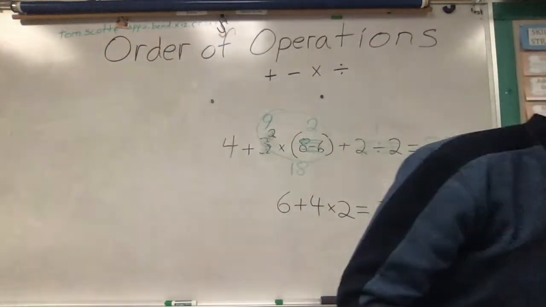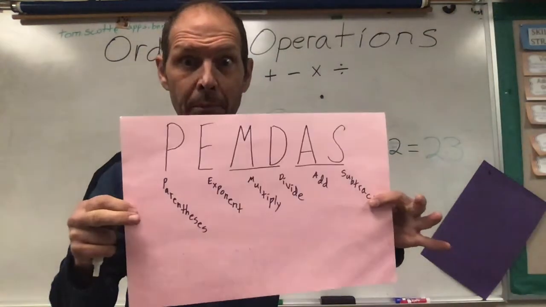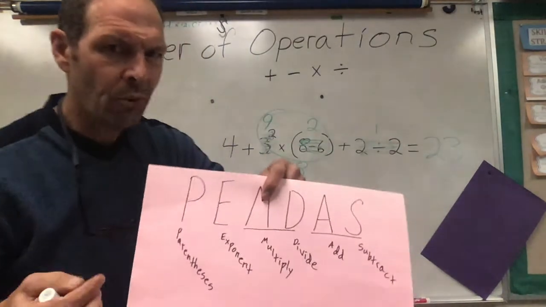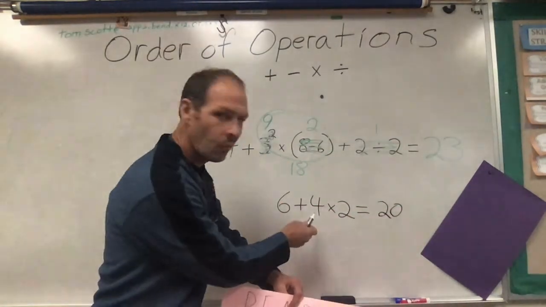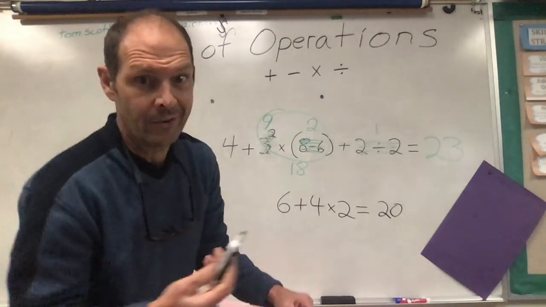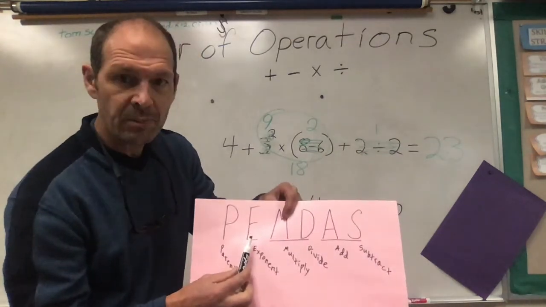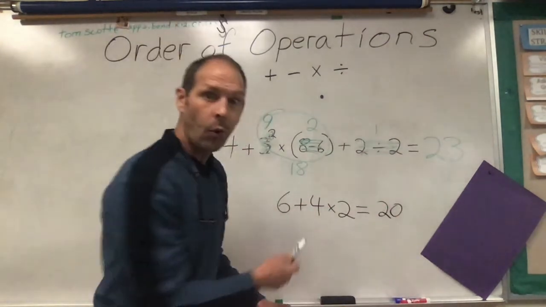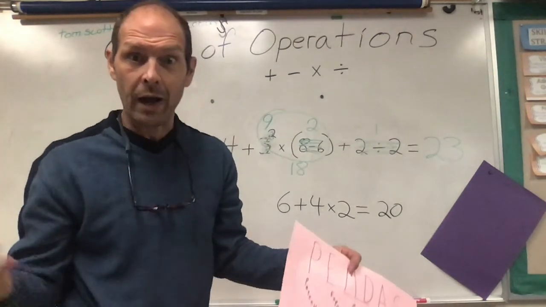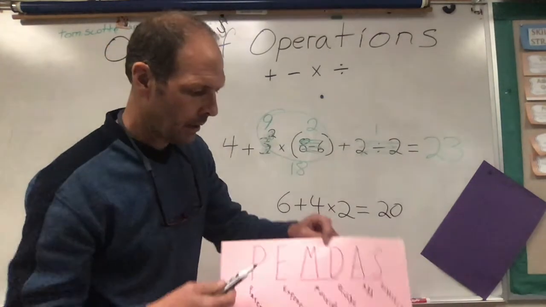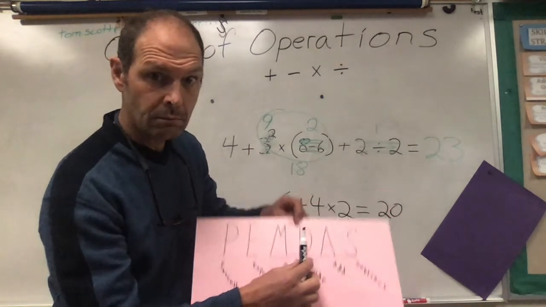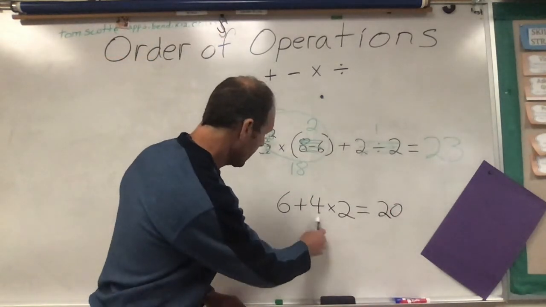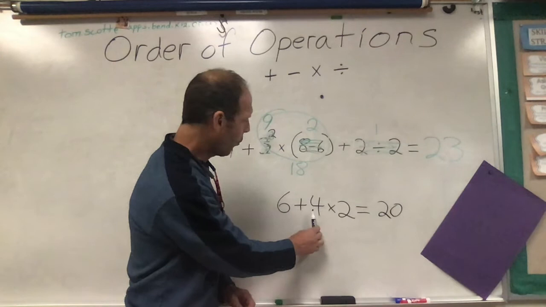I have to refer back to PEMDAS. I have to do all the parentheses first. Well, hey, there are none, so I don't have to worry about it. Then I'll do exponents. What do you know? There are none of those either. I don't have to worry about it. Multiply and divide. Hey, there's multiply. 4 times 2.